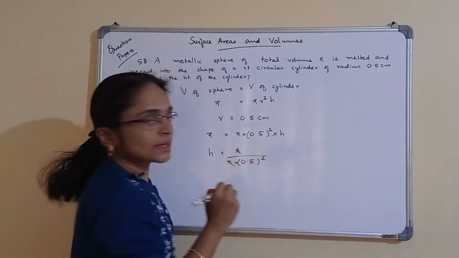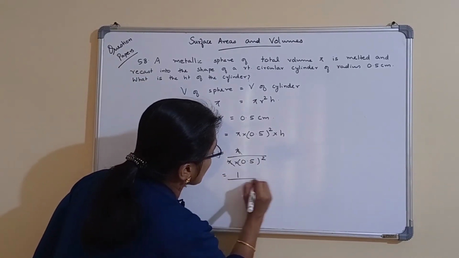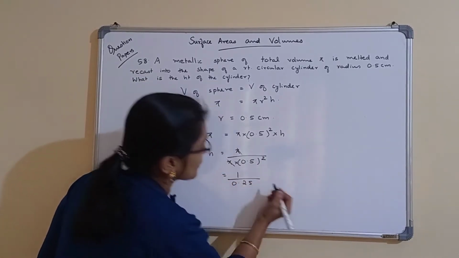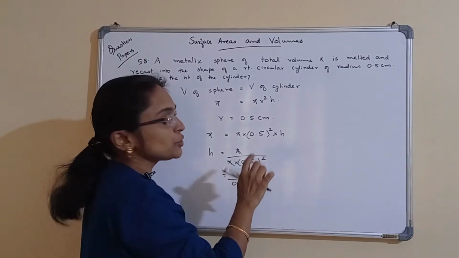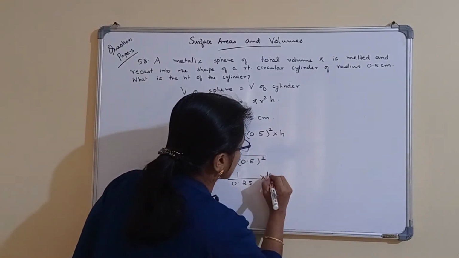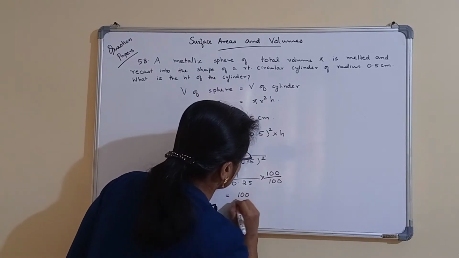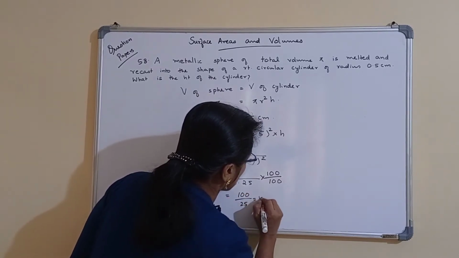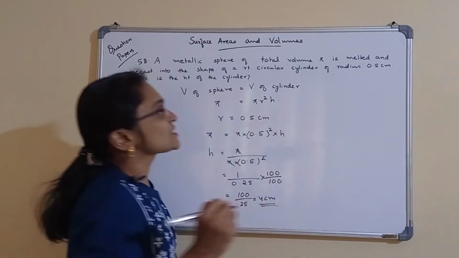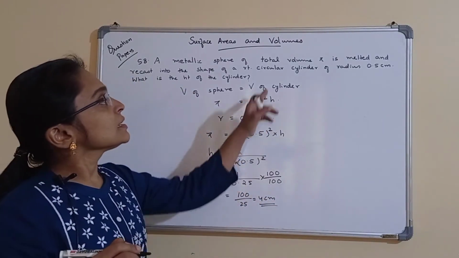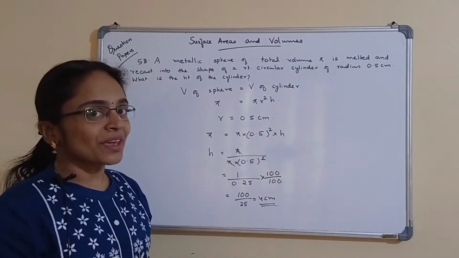Pi and pi will get cancelled and this is equal to 1 by 0.25. Now we can multiply numerator and denominator by 100. So we will get 100 by 25, which is equal to 4 centimeter. So the height of this cylinder is 4 centimeter. Okay.